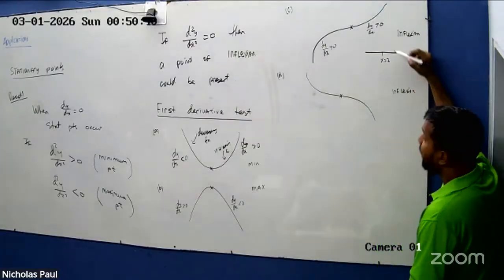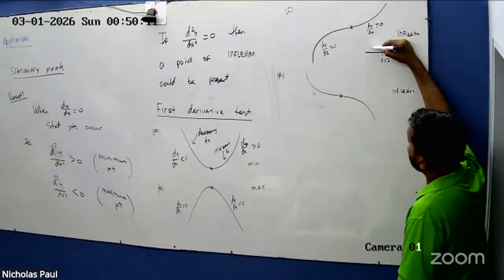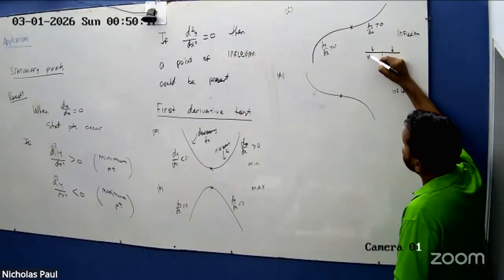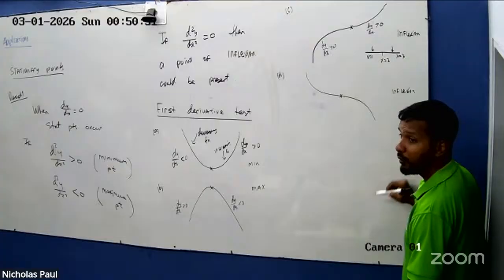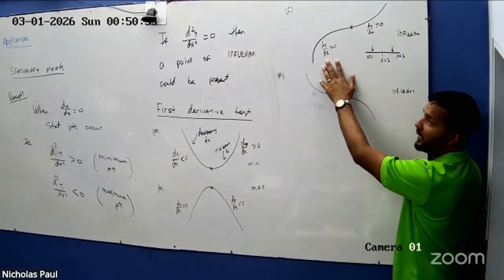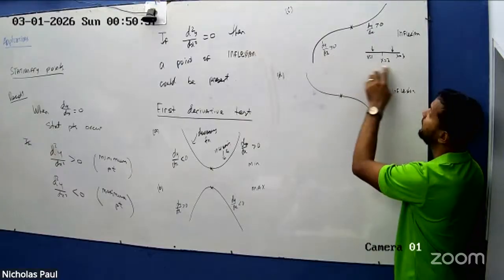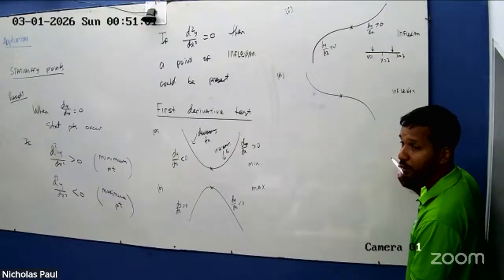You have to pick a value before 2 and a value after 2. Let's say you pick x as 1 and x as 3. Take x as 1, drop it in dy/dx and see if it's more than 0. Take x as 3, drop it in dy/dx, and see if it's more than 0. And you're good to go.